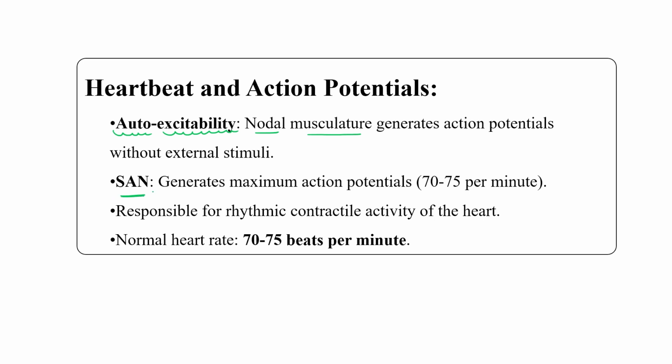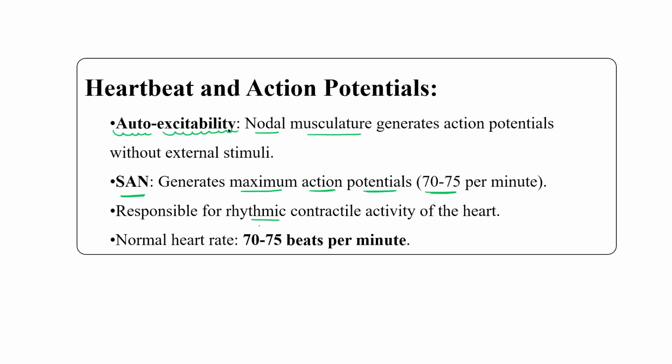SA node generates the maximum action potential. That's why we use the term pacemaker, because heart rhythm starts from this particular region only, the SA node region. It generates the maximum action potential, 70 to 75 per minute, and is responsible for our cardiac rhythm.